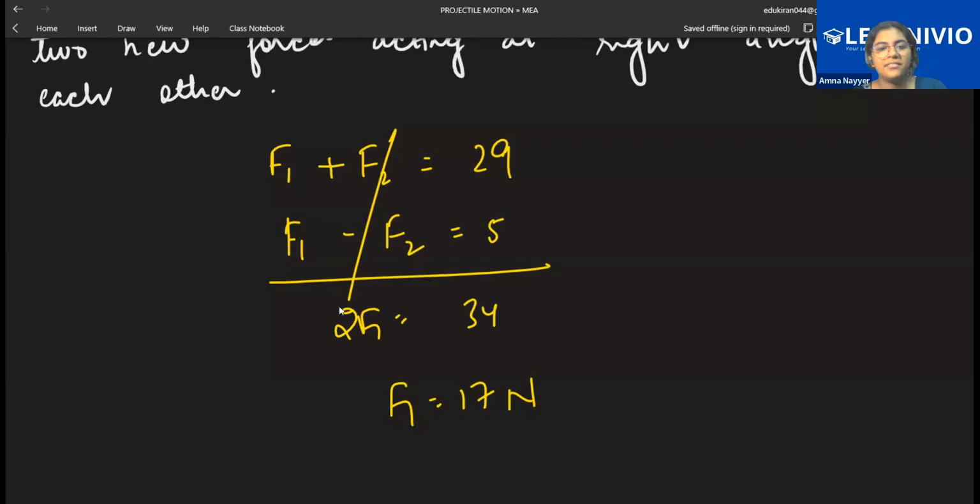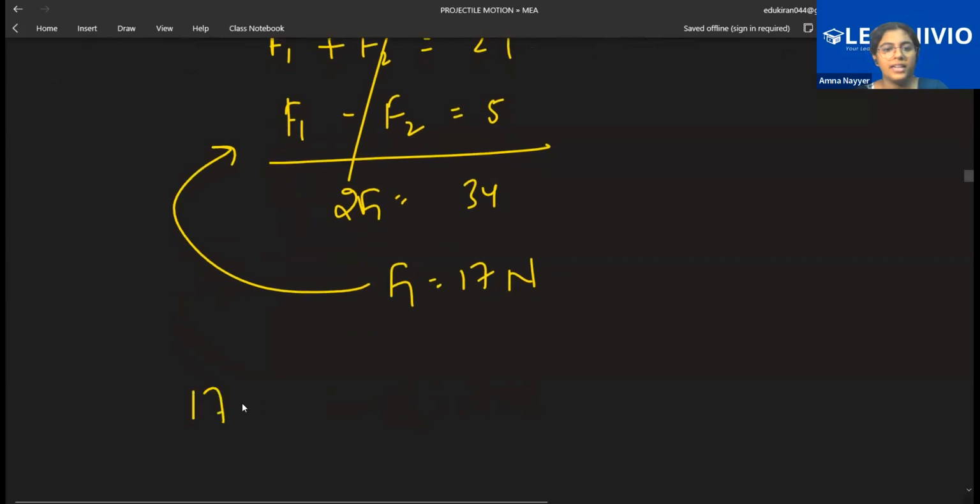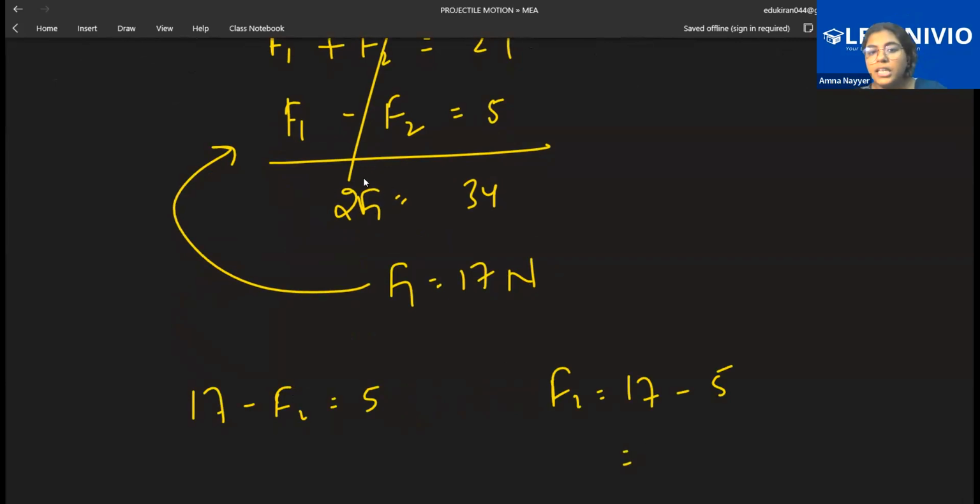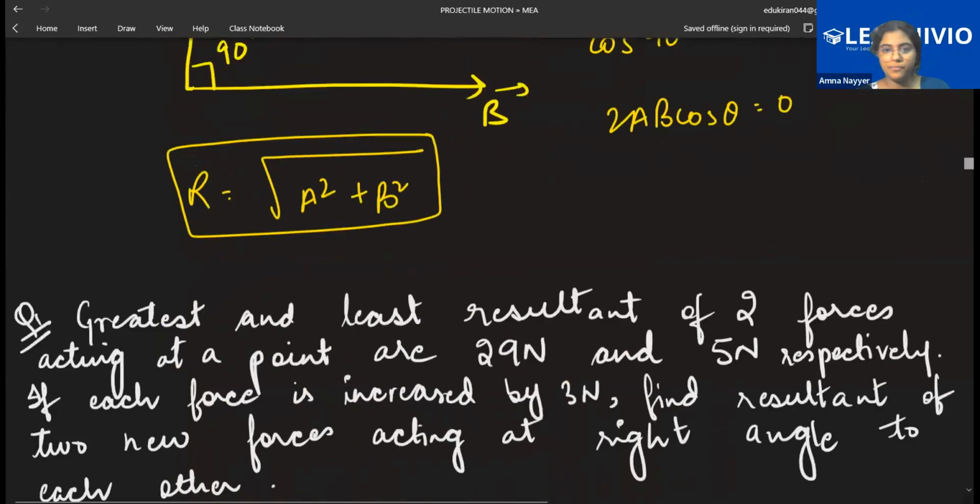So F1 will be equal to 17 Newton. Let's put this value of F1 here. So 17 minus F2 is equal to 5. F2 is equal to 17 minus 5. When we are substituting here, we are following the first case only.